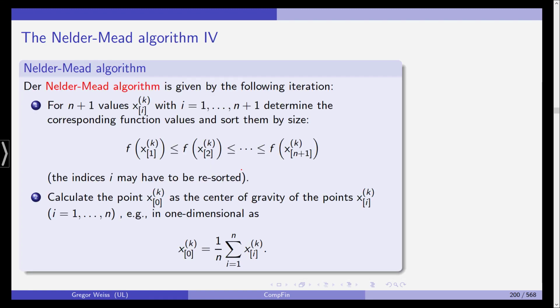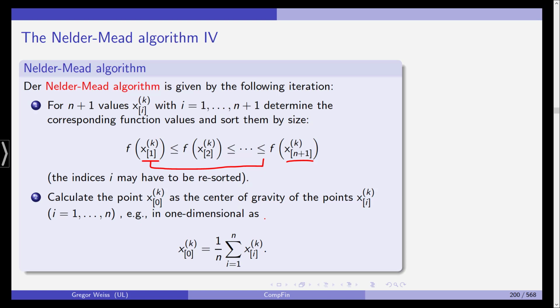Now this is the algorithm more formally. We have n+1 values, xi, in the kth iteration. We determine the corresponding function values and we sort them by size. So this is actually our best solution, and this is our worst solution. Now we calculate the point x0 as the center of gravity of those points from x1 until xn, leaving out xn+1.